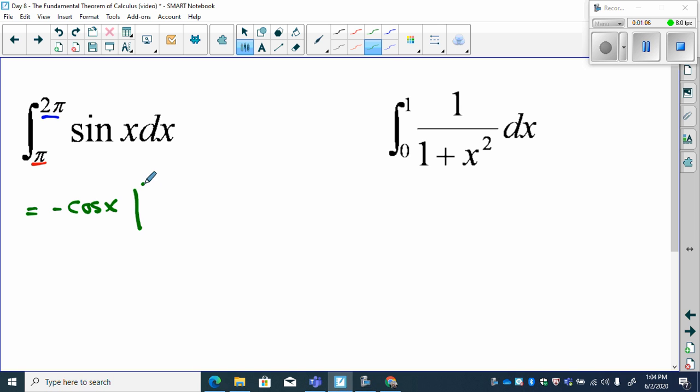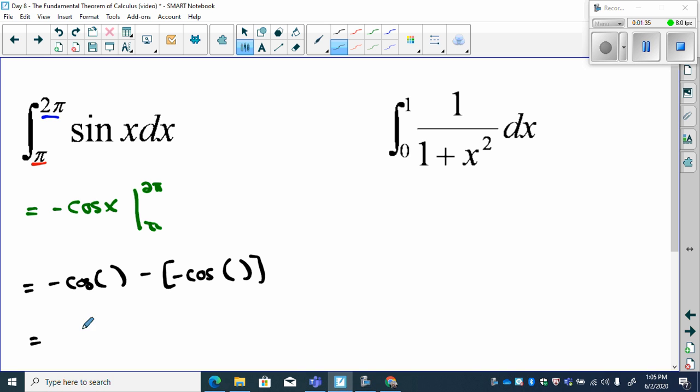And I'm going to evaluate that from pi to 2 pi. So what I do, get my black pen, is I am going to sub my upper bound, my 2 pi, in, and then I am going to sub my lower bound, 1 pi, in.